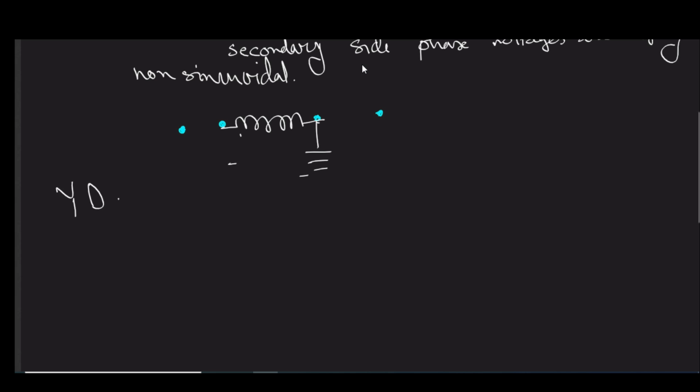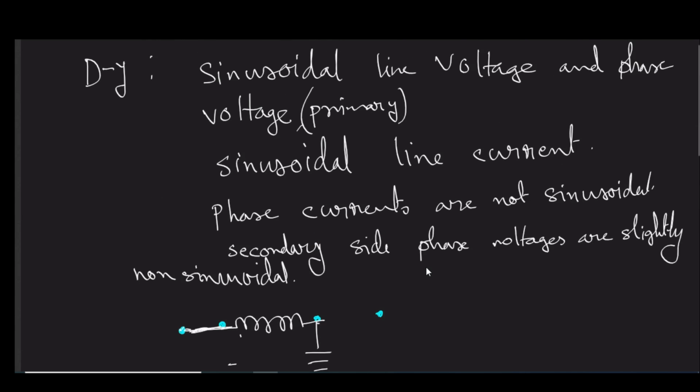And in YD, if your Y side neutral is earthed, then obviously you need to short these two points, right? So this is Dy, YD you can easily figure out by yourself. In case of YD, let me write it, otherwise you will get confused.